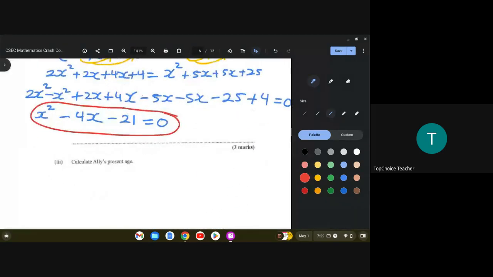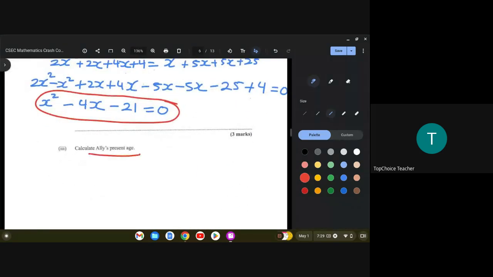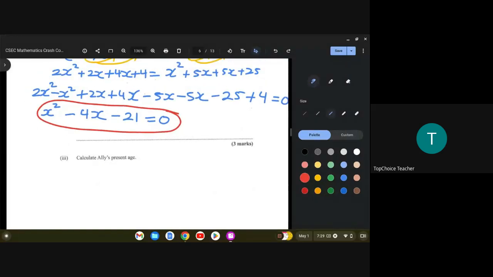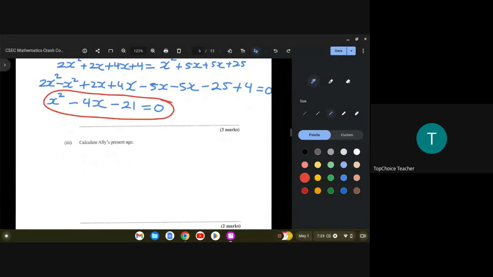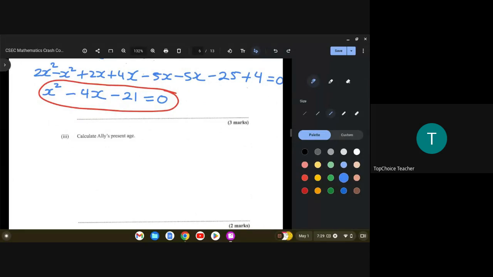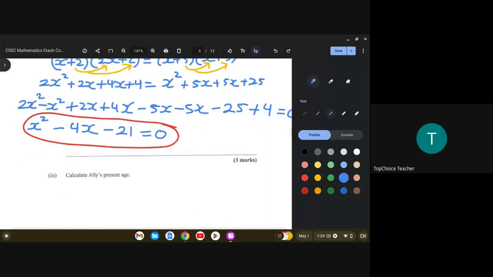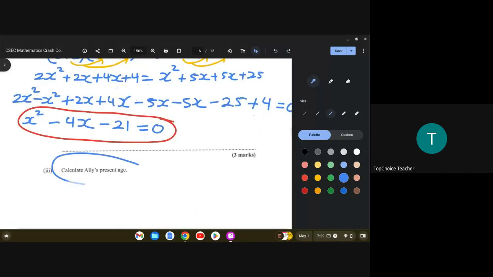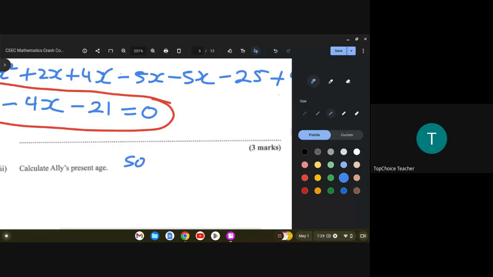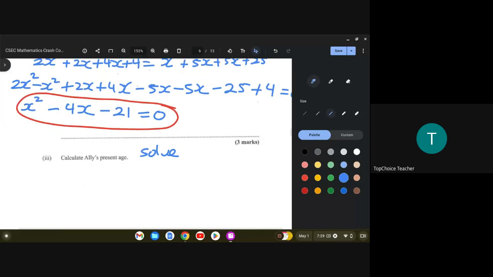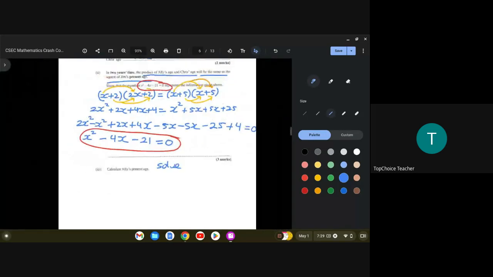The next part is to calculate her present age. What do you think you had to do here? Once we found this quadratic, guys, what they're asking us to really do here is to solve this quadratic equation. That is what we do here in order to find her present age.